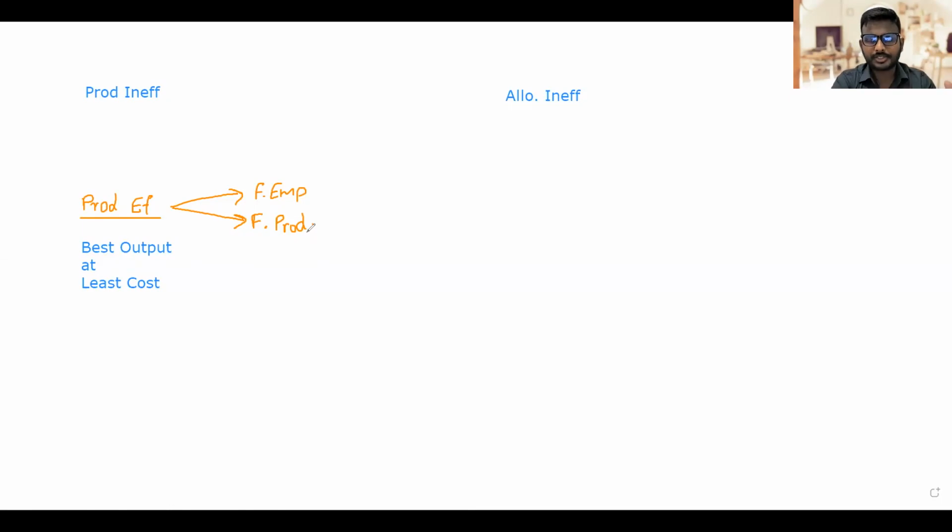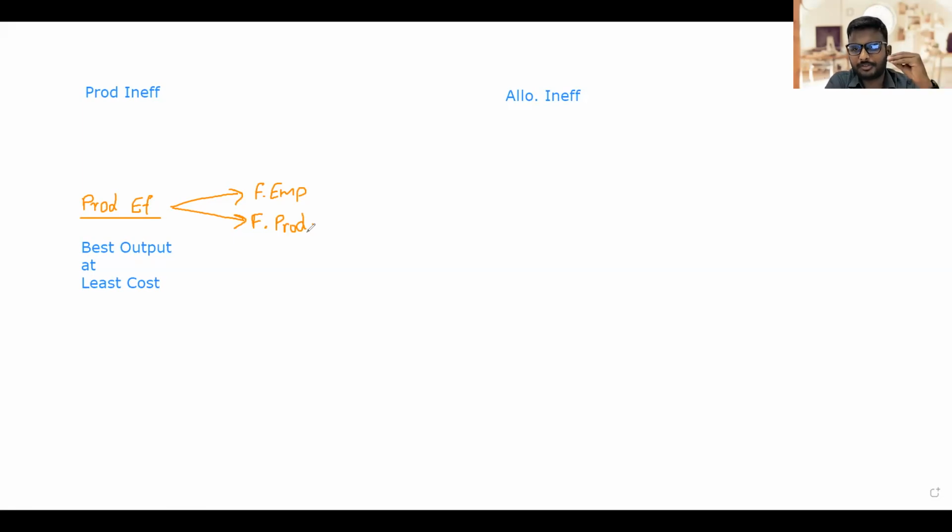If productive inefficiency is there, there will be unemployment, or underutilization of resources. That means resources are being wasted. That's why we say productive inefficiency means wastage in resource utilization. So that's what you answer.